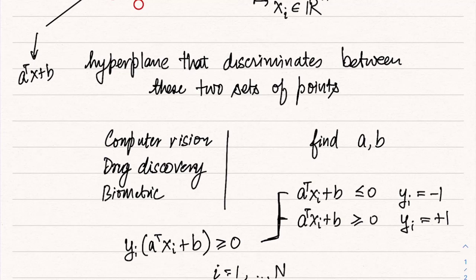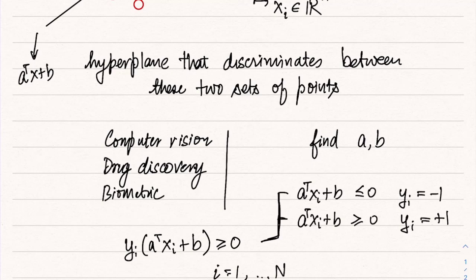So this is the basic problem, and naturally it is a very simple problem because it simply amounts to finding A and b that satisfy a set of linear constraints in A and b. But what is the problem here?